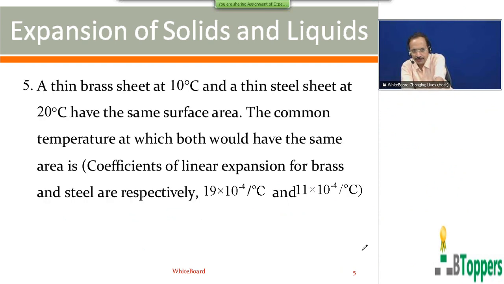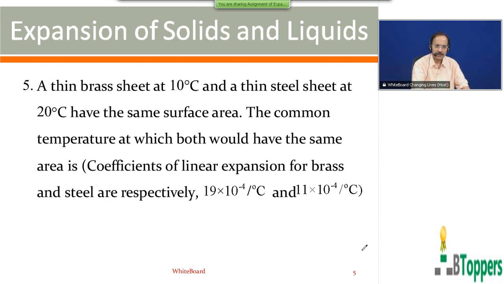Then look at the next question here. A thin brass sheet at 10 degree centigrade and a thin steel sheet at 20 degree centigrade have the same surface area. The common temperature at which both have the same area is?